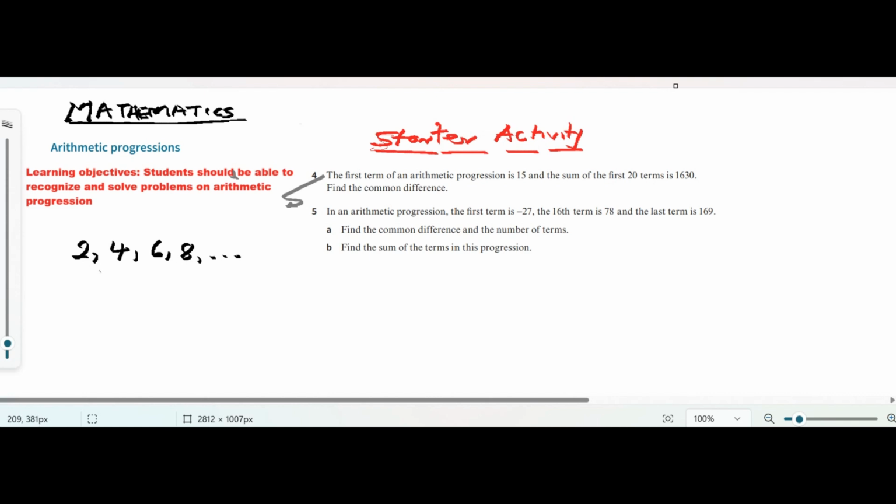But if there are signs, maybe plus sign or minus sign in place of the comma, then it turns to a series. For example, 2 plus 4 plus 6 plus 8 plus ... This sequence turns to a series. It can also be 2 minus 4 minus 6 minus 8, and it turns to a series.